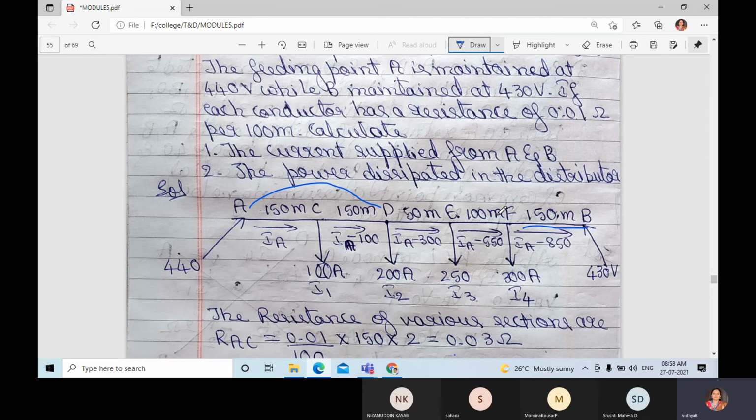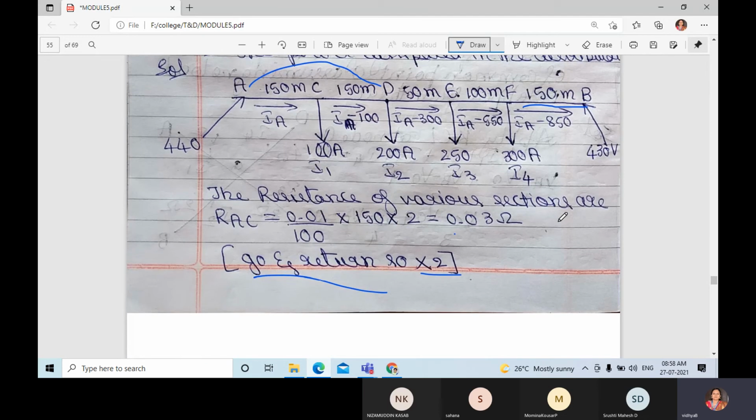So from F to B there will be 150 meter. If you draw the distributor line and loads, you'll understand the distances between the sections. For RAC, multiplying, you'll get 0.03 ohm.